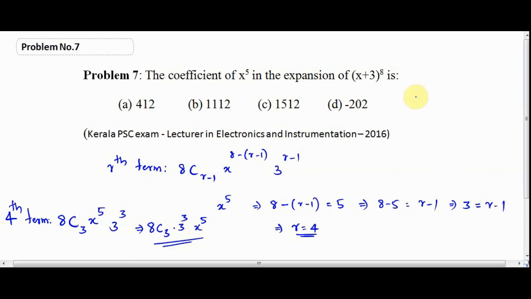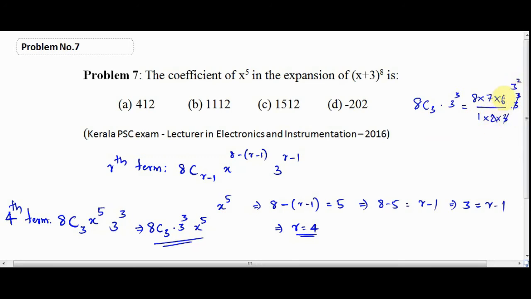Okay, so let's see what is 8c3 into 3 raised to 3. That will be equal to 8c3, which is 8 into 7 into 6 divided by 1 into 2 into 3, that into 3 raised to 3. Okay, so let's cancel 1 3, so we get it as 3 raised to 2.